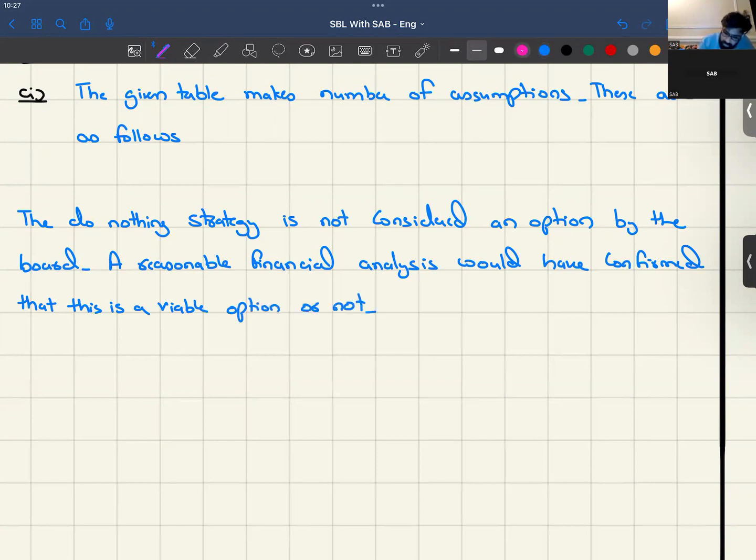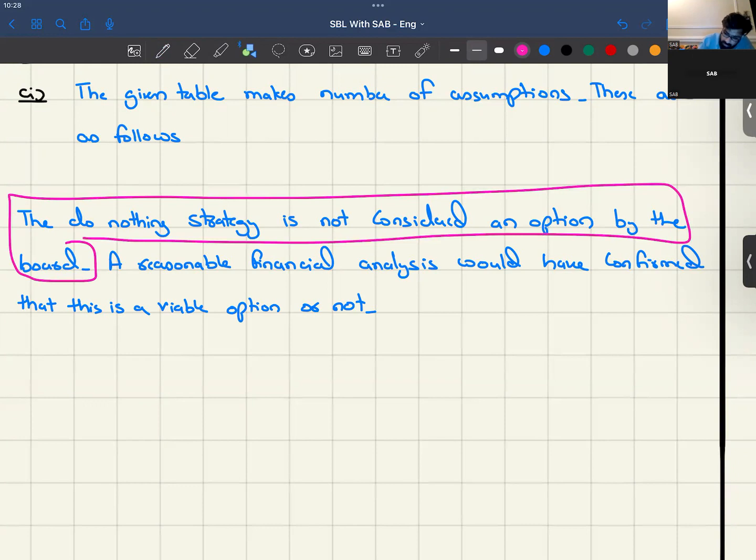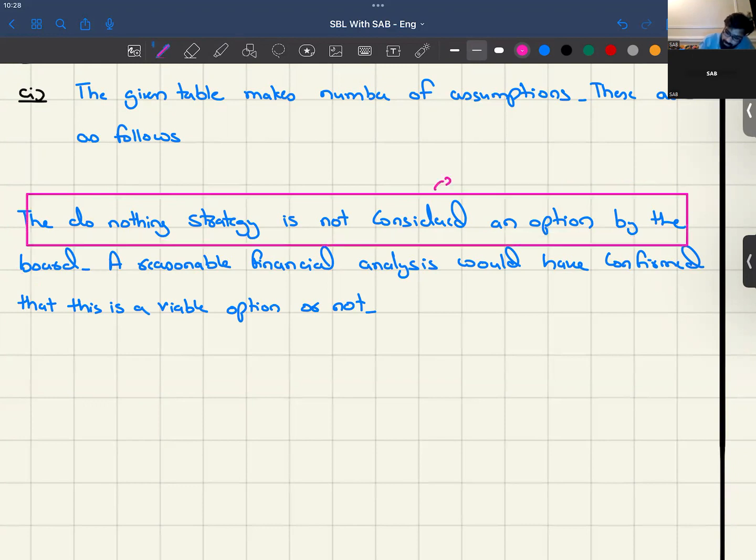So here directly we have applied the skepticism. You just see that here directly the skepticism is applied, right?